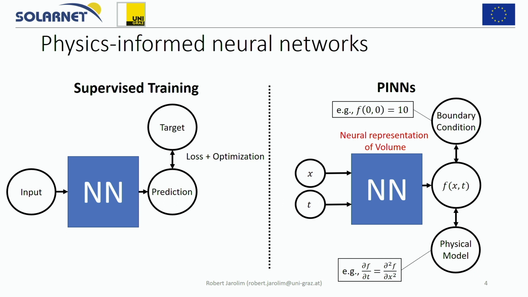Here the primary advantage that we have from physics-informed neural networks is that this is a differentiable function, meaning that whatever we get here as an output is fully differentiable with respect to the input coordinates, and we can make use of this concept of automatic differentiation. That means we can compute smooth derivatives of the function f from this neural representation with respect to the input coordinates, from which we then construct our physical equation that we can optimize for.